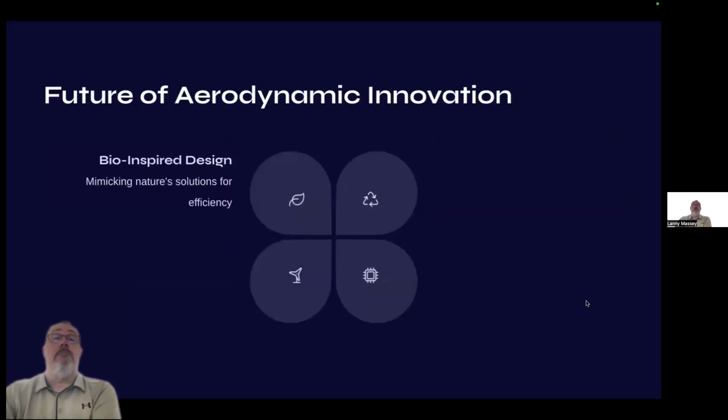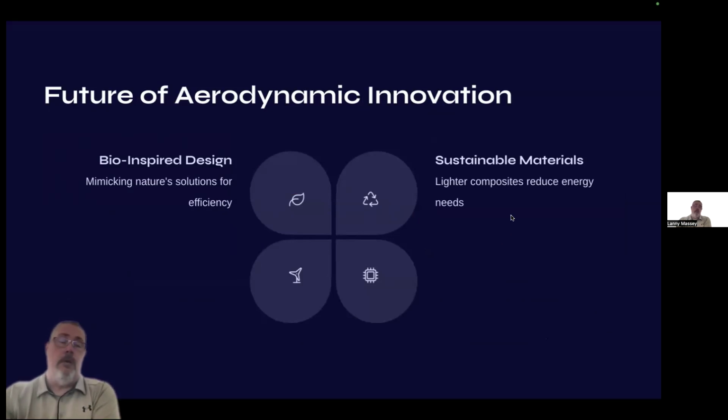Okay, finally, the future of aerodynamic innovations. Like I said before, bio-inspired design, mimicking nature's solutions for efficiency. That has a lot to do with, in particular, submarines and dolphins, the best example that I can come up with for that. Sustainable materials, finding lighter composites reduces energy.